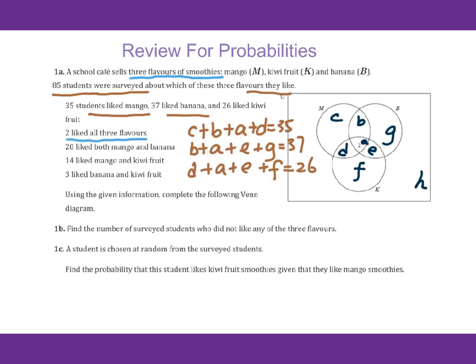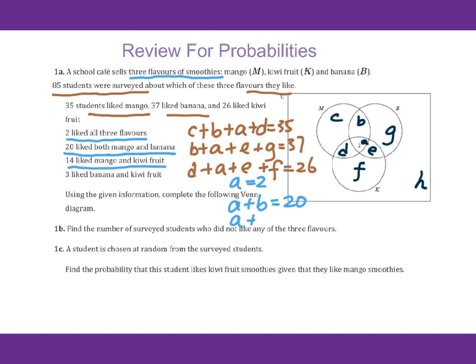2 liked all these flavors, means A equals 2. 20 liked both mango and banana, which means A plus B equals 20. 14 liked mango and kiwi fruit.